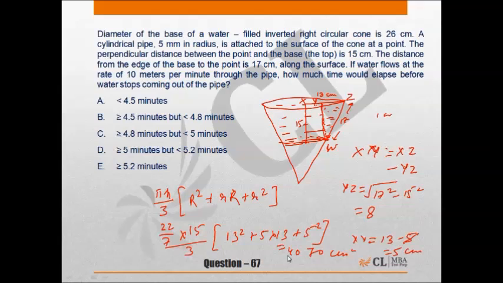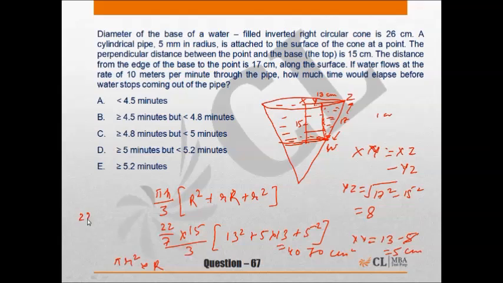Now we have to find the rate of flow of water through the pipe in order to calculate the required quantity. It will be pi r square into the rate of flow of water through the pipe, which is 10 meter per minute in the given problem.